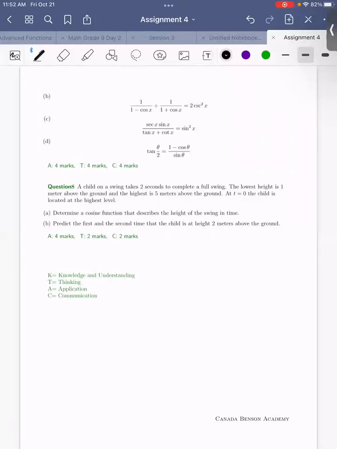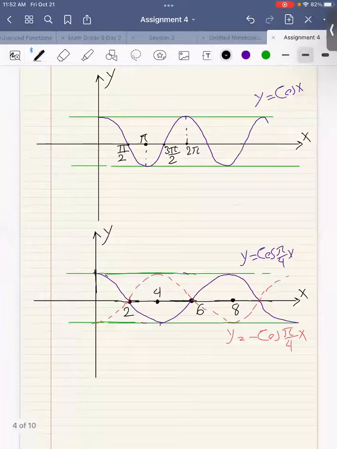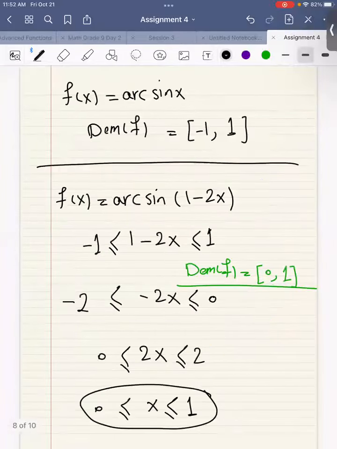And let me also help you to do the last question, because it's maybe a little bit tricky. I want to draw a picture of a swing and compare it with a graph of cosine. So imagine this is cosine.